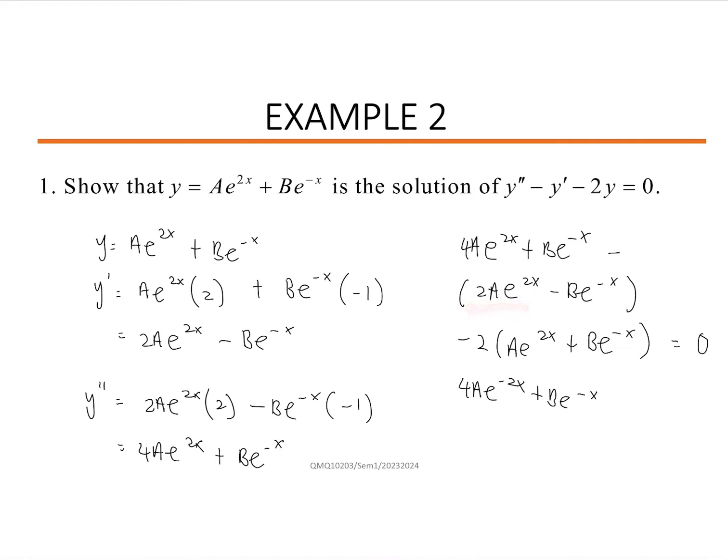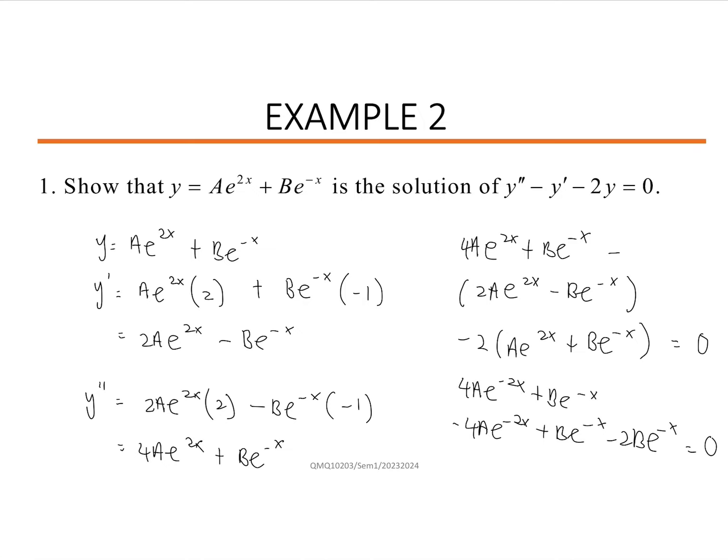Minus 2a, minus 2a, so minus 4a e^(2x), and then minus and minus, so plus b e^(-x), and minus 2b e^(-x).